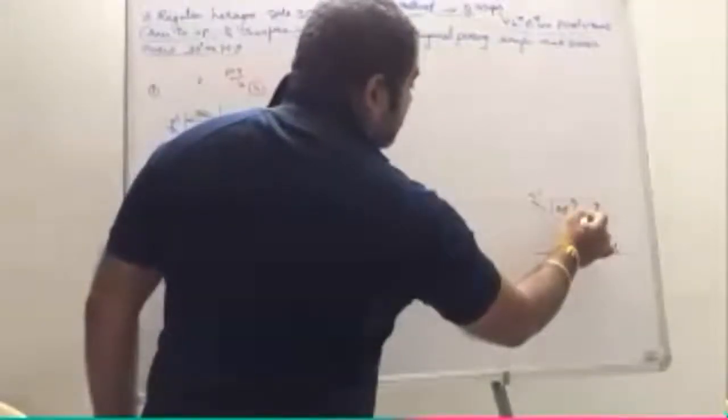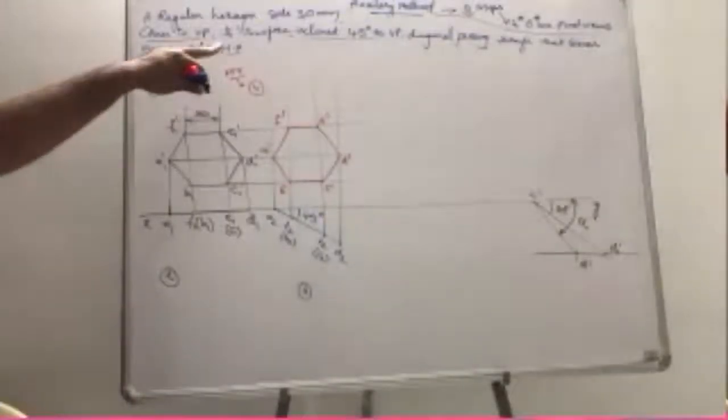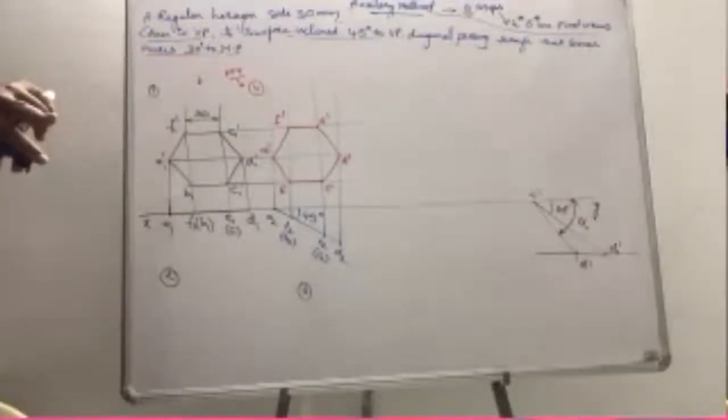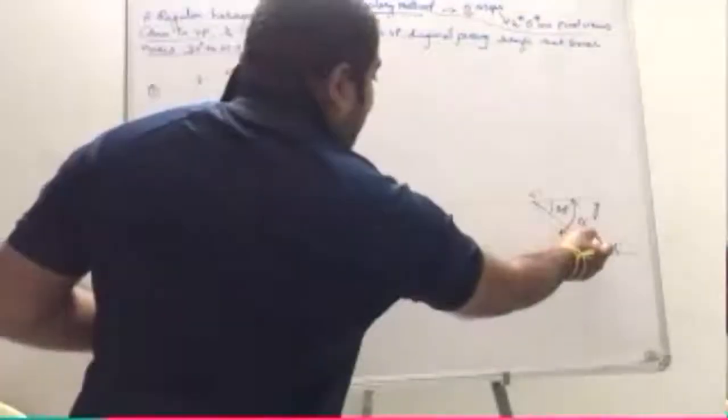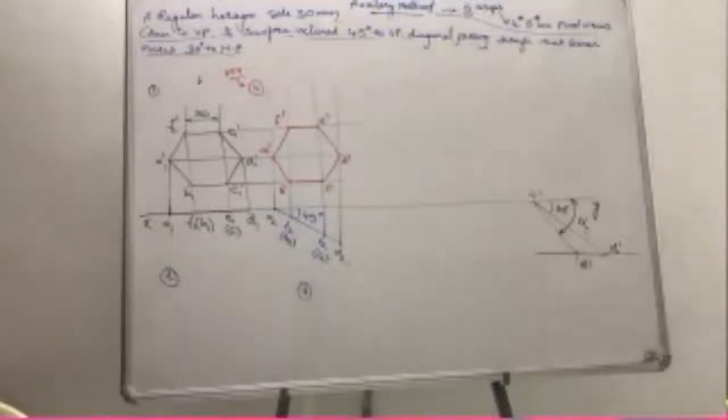This becomes alpha. Why? Because in the final view, when the inclination with HP is given, the apparent angle is represented by alpha. If VP is given, it is going to be beta. But here the apparent angle is alpha, because the diagonal is making an inclination of 30 degrees to HP.